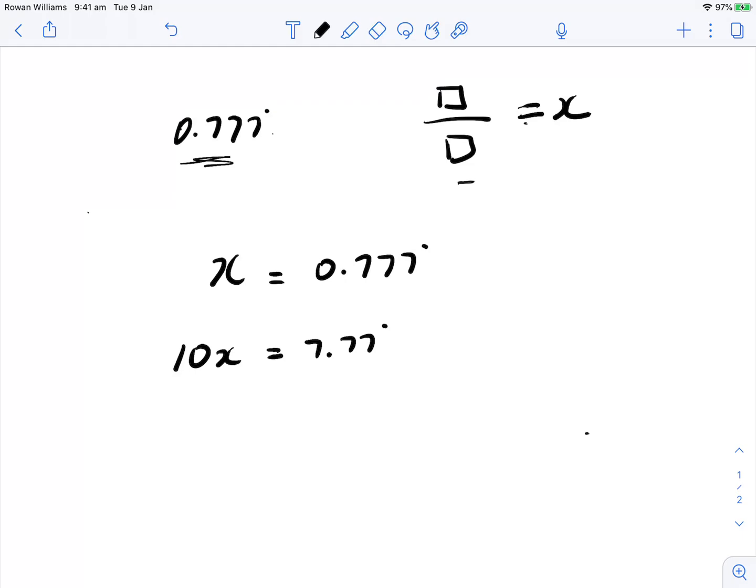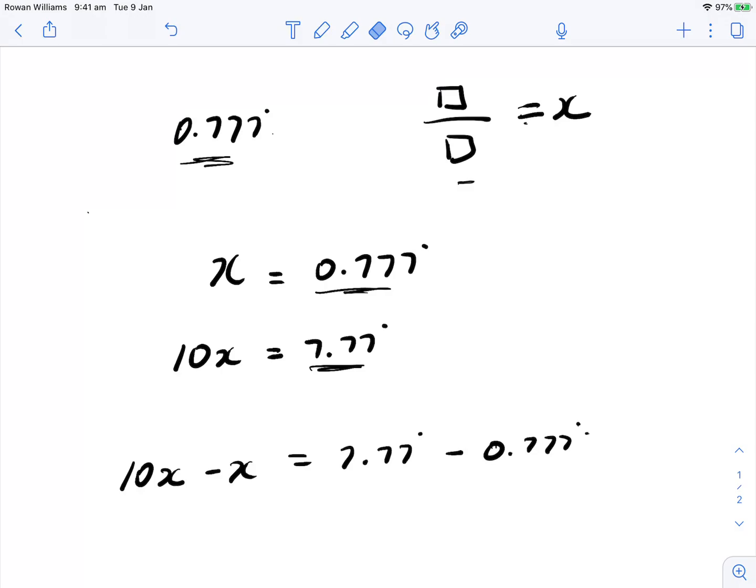You can't have decimals involved. So what I'm going to do is 10x take x. So if this is 10x here and this is x, then 10x is 7.77 on and on and on, and I'm going to take away 0.777 on and on and on.